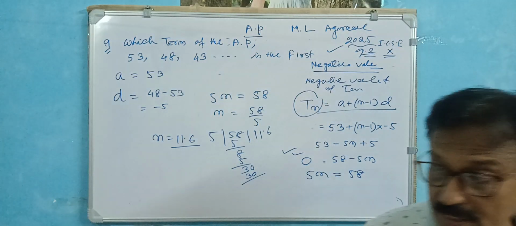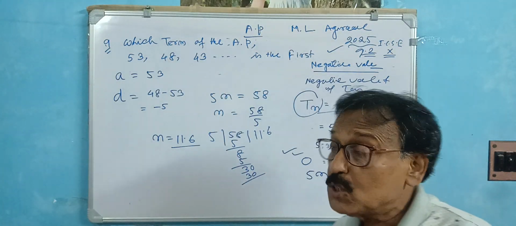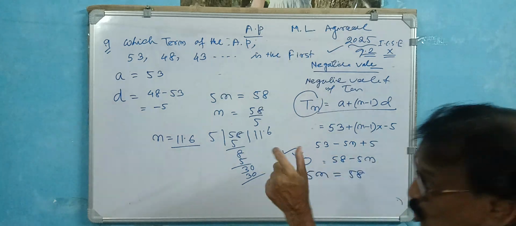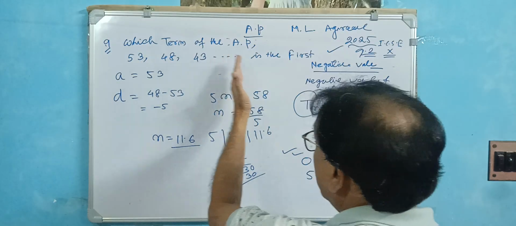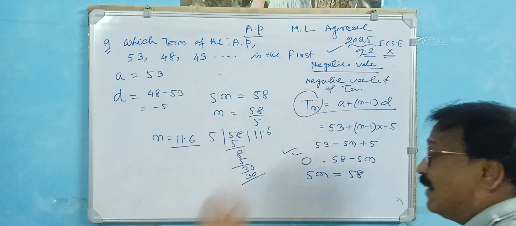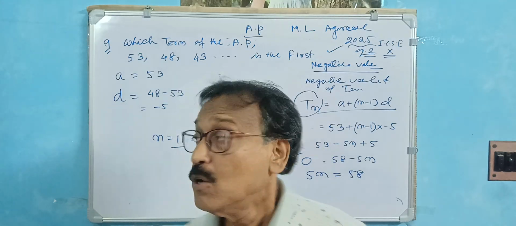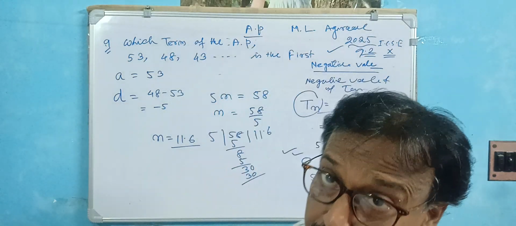That is a fraction with a decimal part, but the term is always a natural number, either 11 or 12. Up to 11, 0 is not coming; those are all positive numbers.